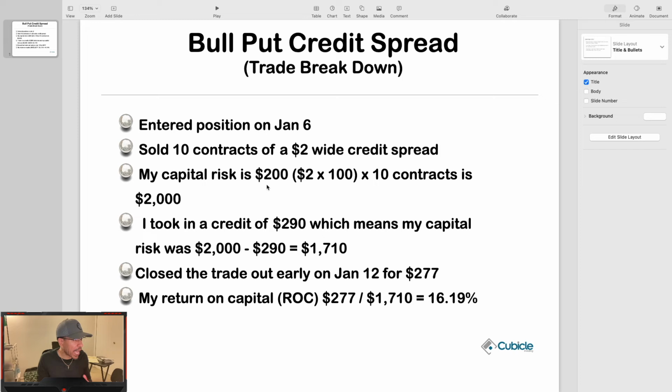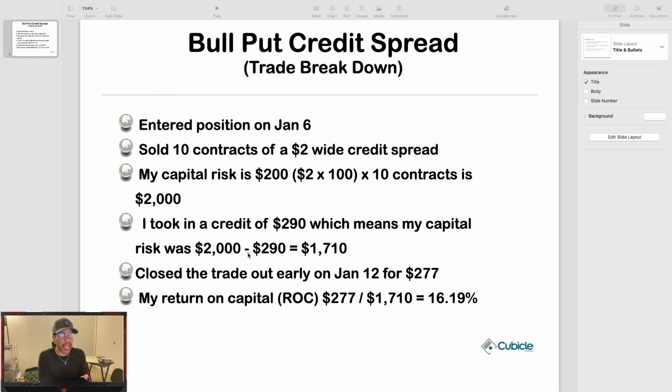That comes from the fact that it was a $2 wide credit spread, and every option contract controls 100 shares of the underlying, MU, so 2 times 100 is 200, and I sold 10 contracts, which puts us at $2,000.